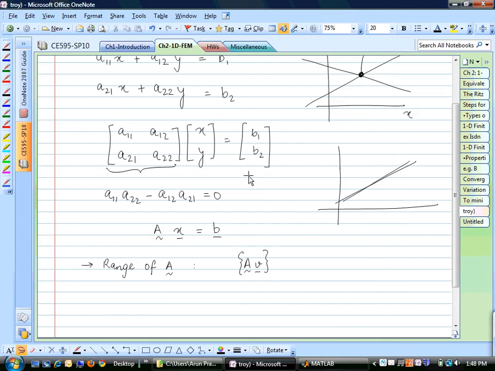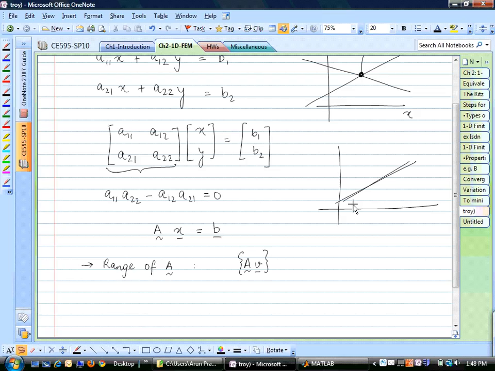So if the right hand side is within the range of this matrix, then you can solve and there will be infinitely many solutions. But if B is pointing in some perpendicular direction, or has even a slight component in a direction that is not along this line, then there won't be any solution.